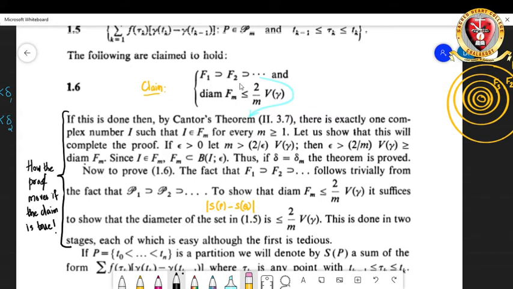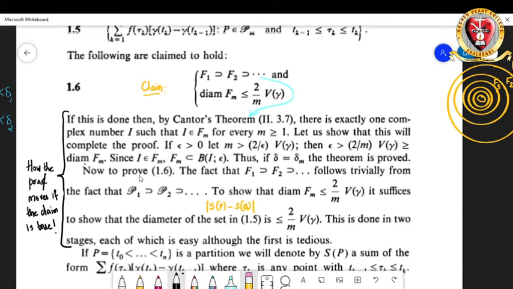So if we prove the first statement, you get a complex number I in Fm for every m greater than or equal to 1. Assuming both statements are true, if we prove the claim we are mentioning, we can end our proof.